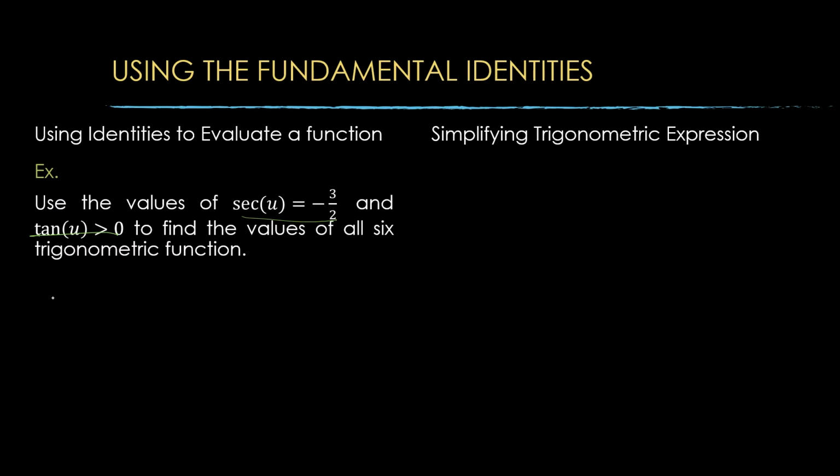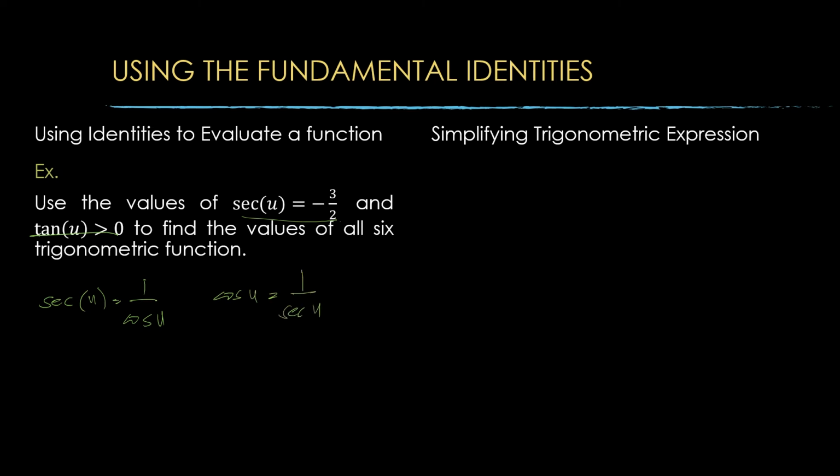In our reciprocal identities, what's the value of our secant u? Secant u is basically equal to 1 over your cosine of u. So taking the value of your cosine u, that is equal to 1 over secant u.